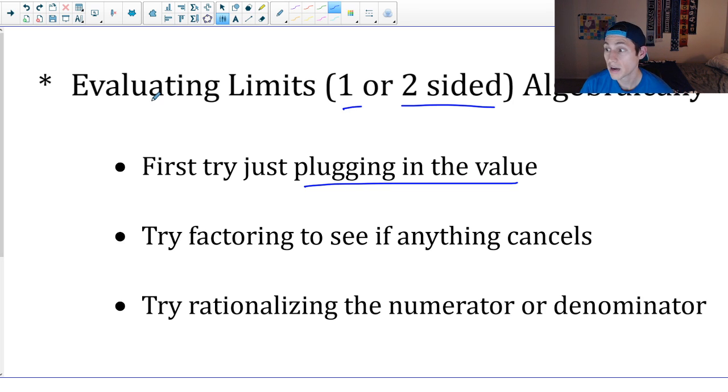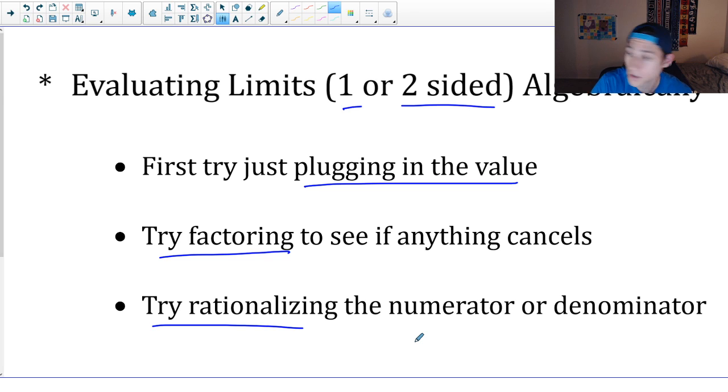All right, that's what we'll try first. If that doesn't work, we can try a couple of other things. We can try factoring. Maybe if we factor and cancel some things, then it'll work. We can also try rationalizing the denominator or rationalizing the numerator.